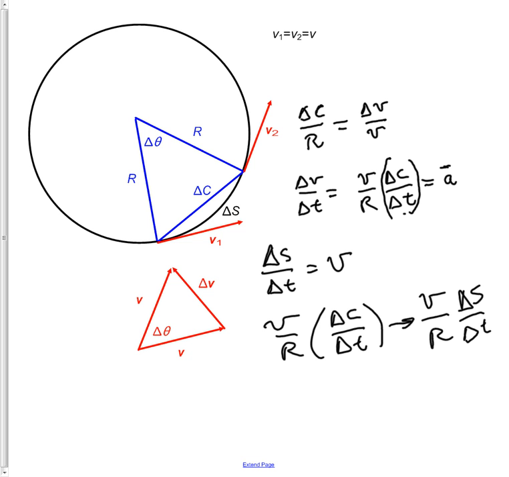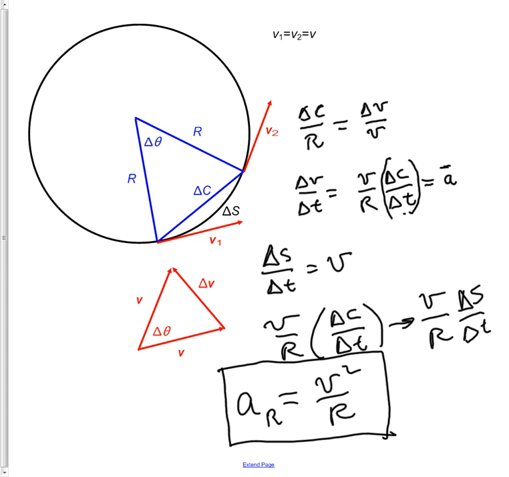And so what we finally find is the acceleration of this particle is equal to v squared over r. And your author denotes this as a sub r, where r is for radial. This is the radial acceleration. Its name normally is called the centripetal acceleration.